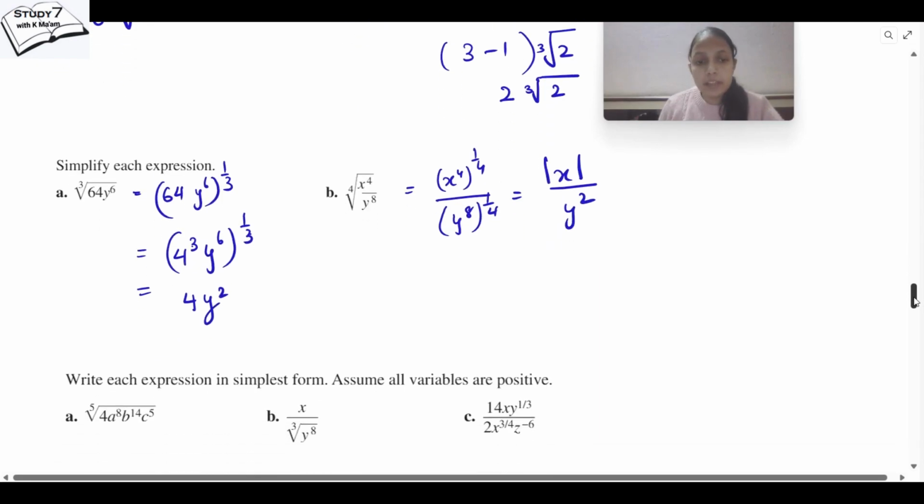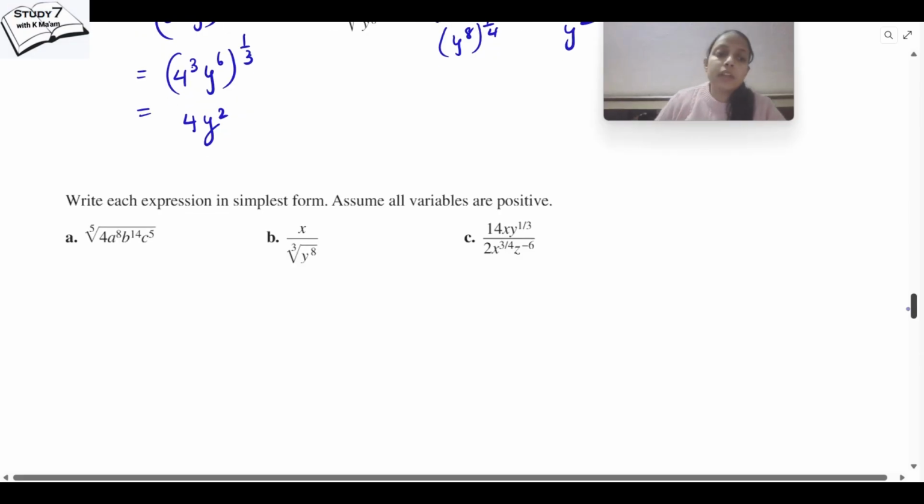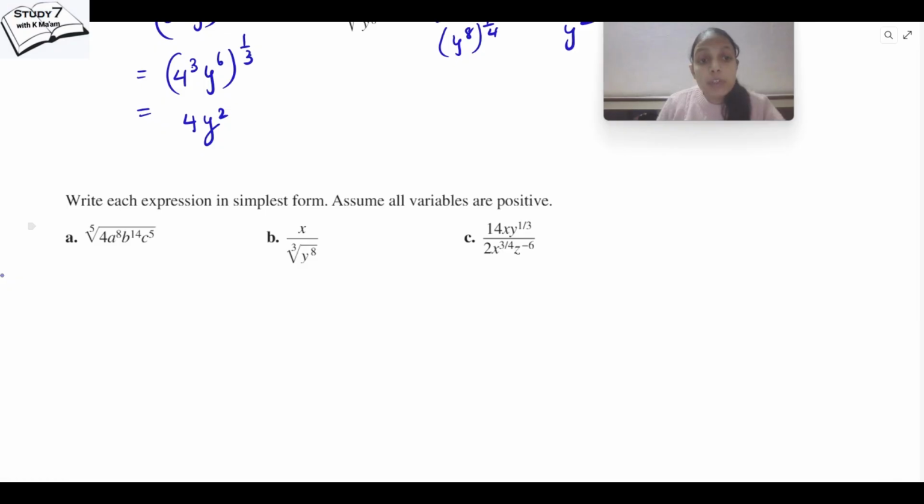Alright. See this. Write each expression in simplest form. It says power 5. We will try to break it if we can into power 5. 4 cannot be broken, so 4 stays as it is. a^8 can be written as a^5 times a^3. b^14 can be written as b^10 times b^4.